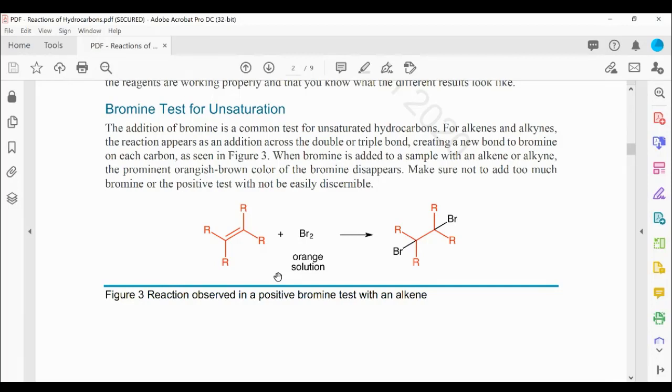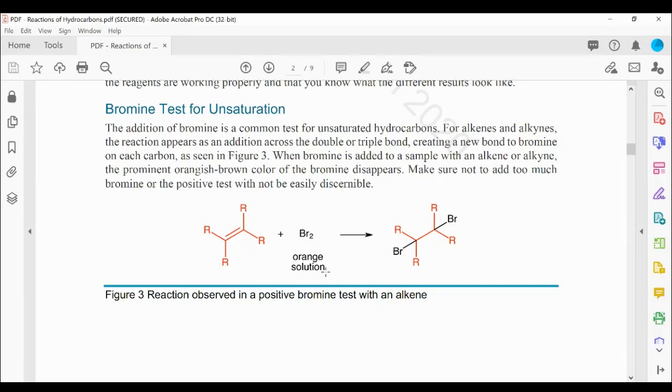So if the test is positive, you will know that you have either a double bond or a triple bond, which means you have an alkene or an alkyne. In this case, it says reaction observed in a positive bromine test with alkene. This is an alkene because it has a double bond.